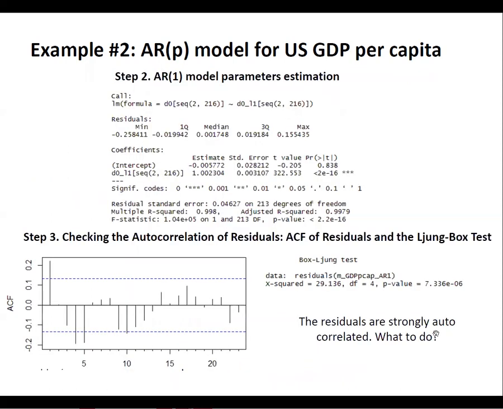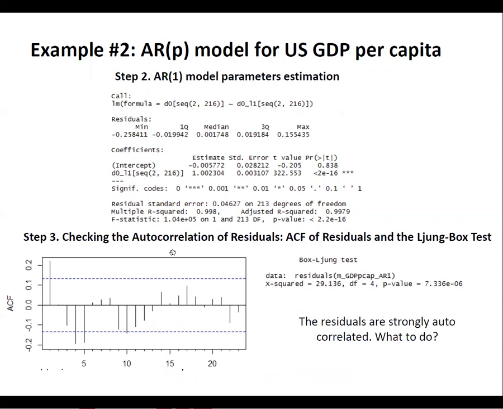We estimate the parameters of the AR1 model. It turns out that the coefficient at the first lag is nearly 1. The intercept, since we used the LM function, is minus 0.5 thousandths.